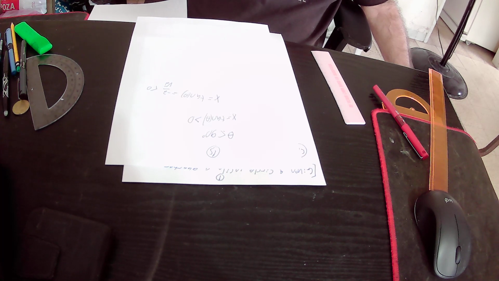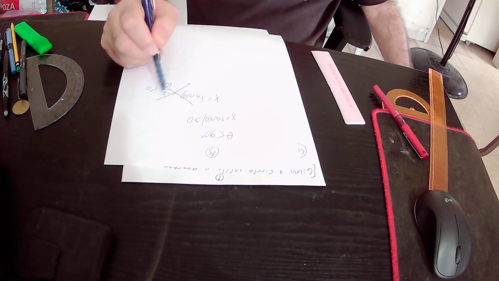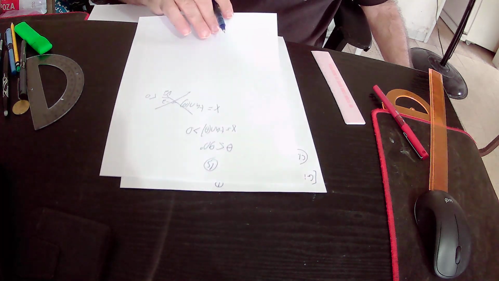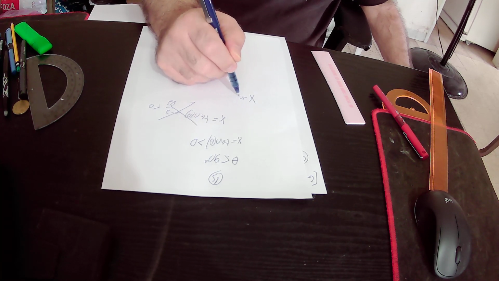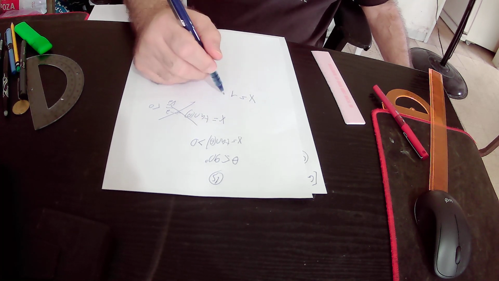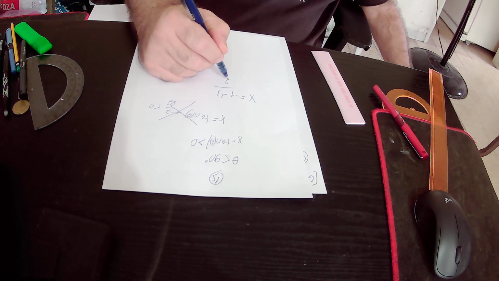Therefore, this is an incorrect answer, and we are only left with the possibility that x equals minus 1 plus 3 over 2 times root 2.